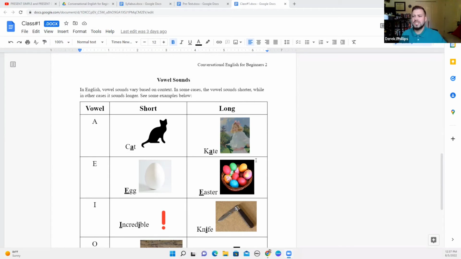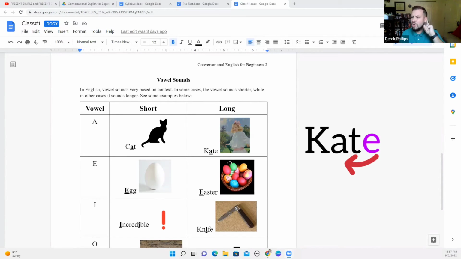Now, what's interesting in English is that we have silent sounds. For example, in the name Kate, I do not hear this E at the end, Kate. In English, this silent vowel is a signal. It tells us that the previous vowel, the A, sounds long.